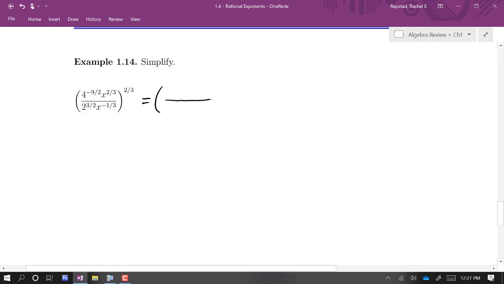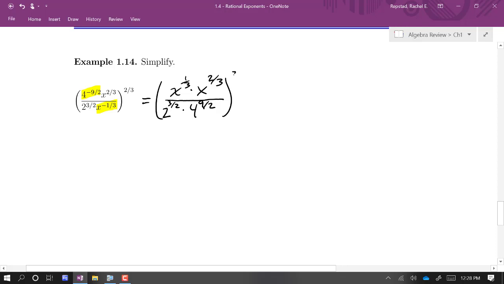So I'm going to deal with these negative exponents first by moving them and making them positive. So up top we have x to the 1/3 times x to the 2/3. And on the bottom we have 2 to the 3/2 times 4 to the 9/2.